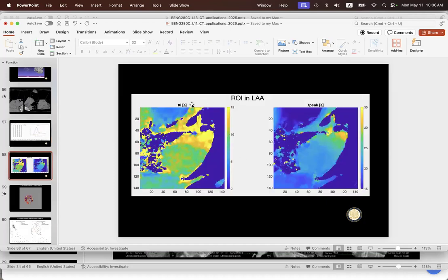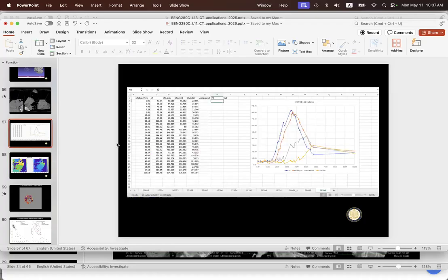If we go back and we ask, what is the time to peak of the contrast curve as a function of position? For every voxel in this heart or in this left atrial appendage, we're going to measure the time to peak. We fit this curve and ask, what's the time to peak that that voxel reaches?